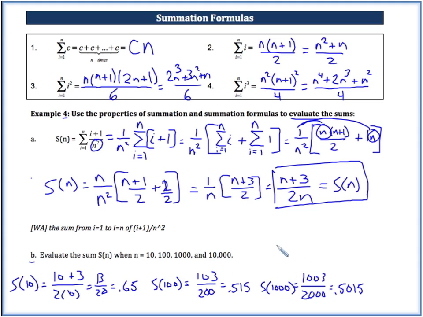And then S of 10,000. That would be 10,003 over 20,000. And this is 0.50015. Now what we're doing here is not just plugging in some random numbers for n.